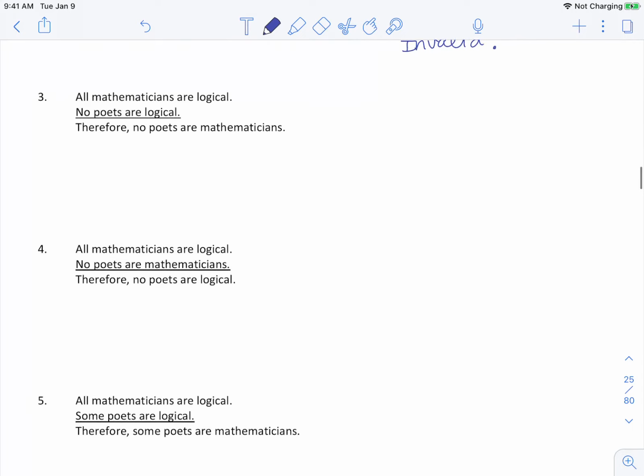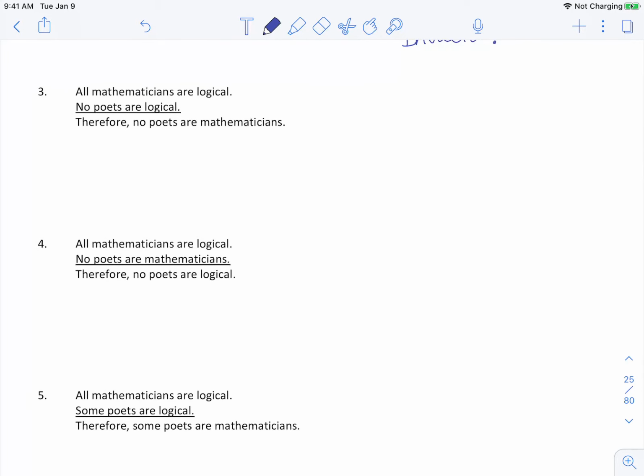All right, here's our next one. All mathematicians are logical. No poets are logical. Therefore, no poets are mathematicians. I want you to try to draw an Euler diagram for this one and then determine if the argument is valid or invalid.